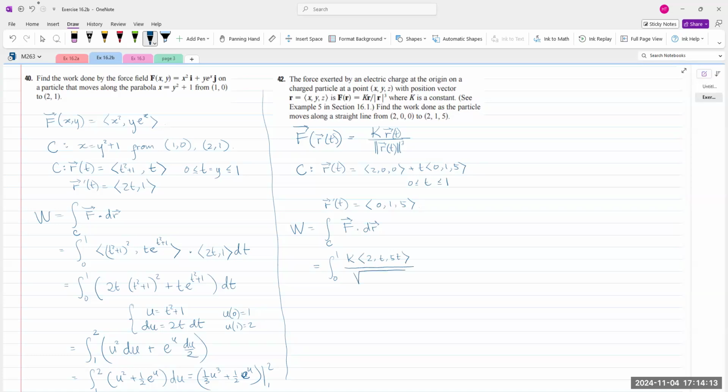So the magnitude of r(t) will be the square root of 2 squared plus t squared plus 25t squared. That's the square root of 4 plus 26t squared. So this is 4 plus 26t squared to the power of 3/2, times, actually supposed to be dot, r prime of t, that's (0, 1, 5) dt.